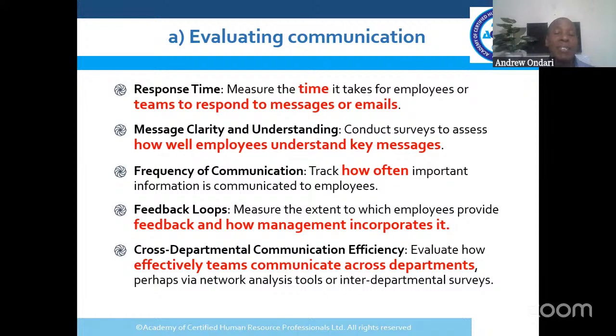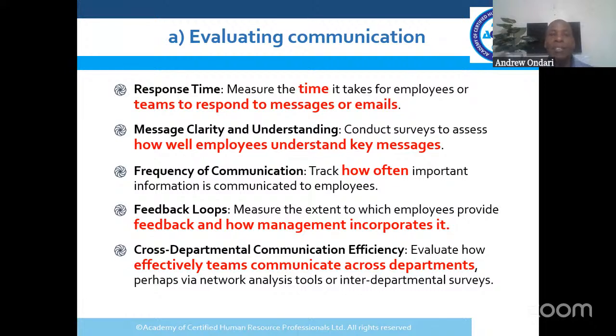If the message is complicated, then understanding can also be difficult. So we are saying that the communication strategy we are using, whether it is by written means or by oral methods, should be clear. So lack of clarity can cause distortion of a message or misunderstanding.